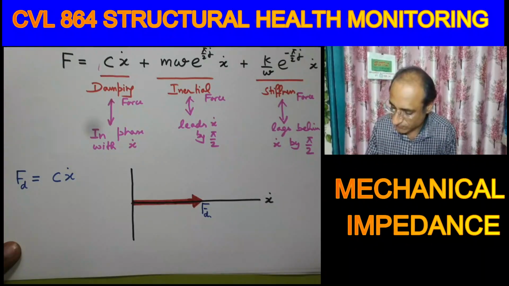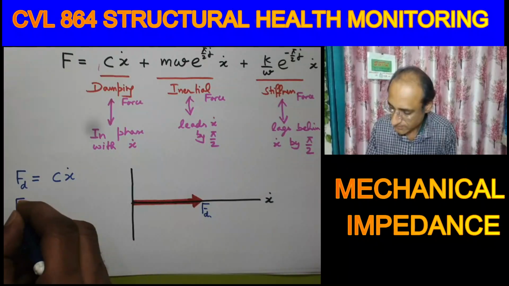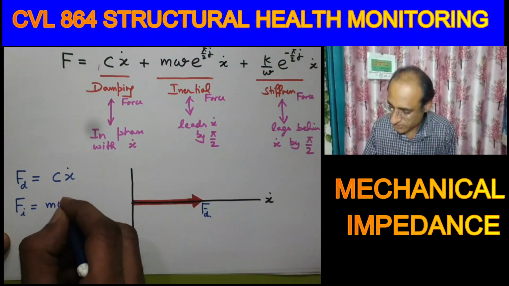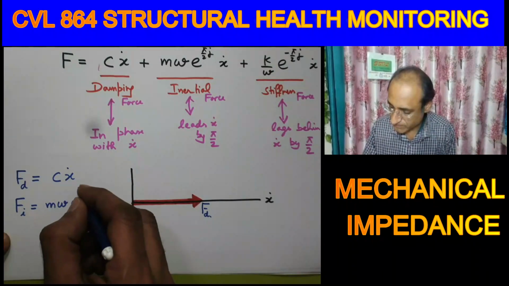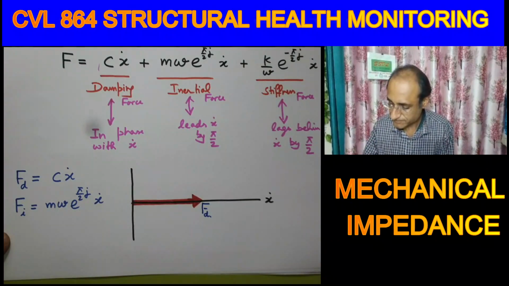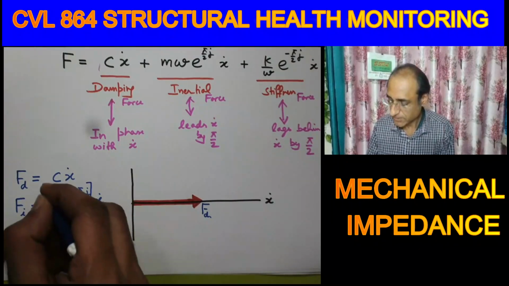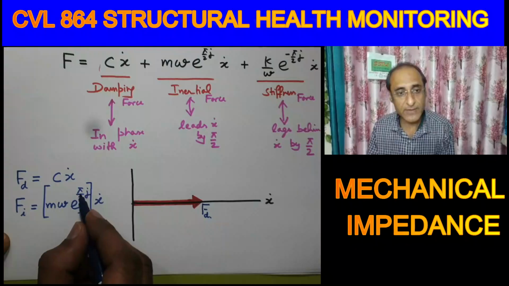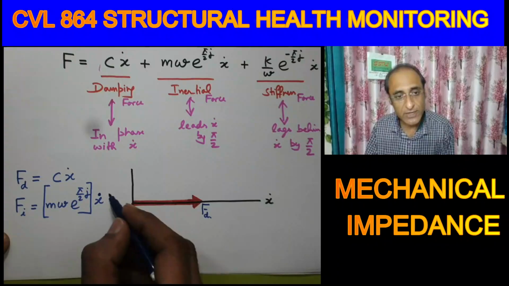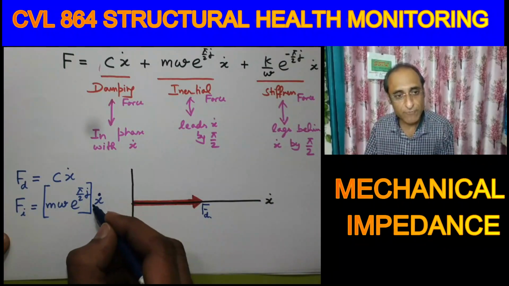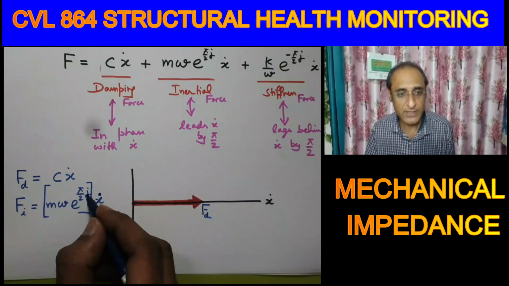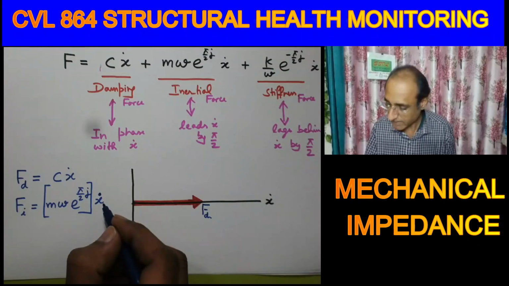Next we have the inertial force. So inertial force I write like this: m omega e to power j pi by 2 times j x. The inertial force leads the velocity by pi by 2. Whatever is the phase of the velocity, the phase of the inertial force will be pi by 2 ahead, because pi by 2 will always add.